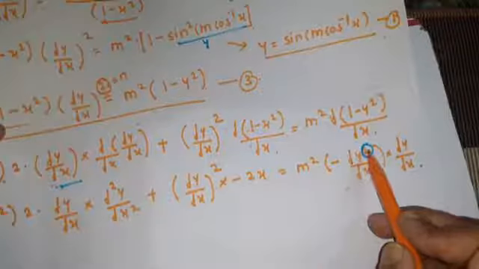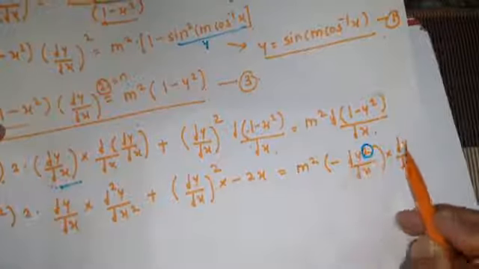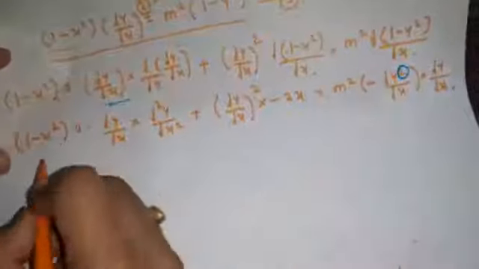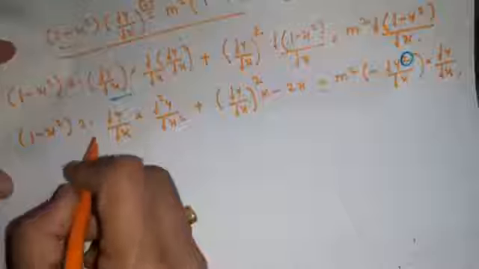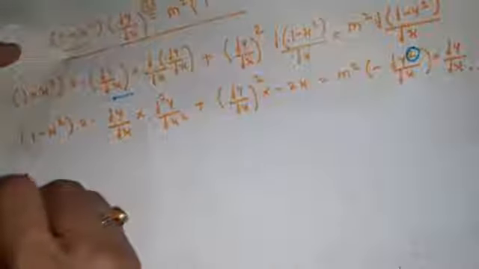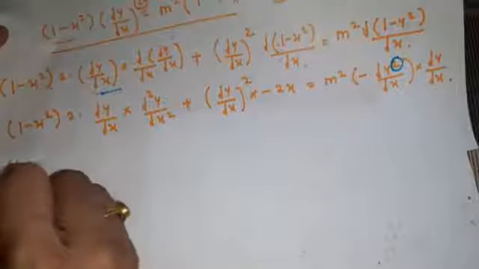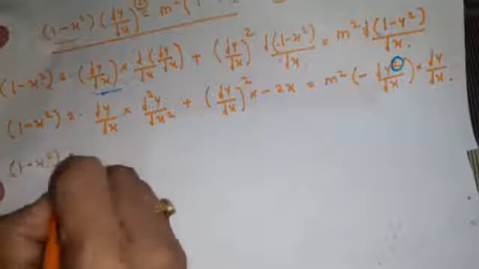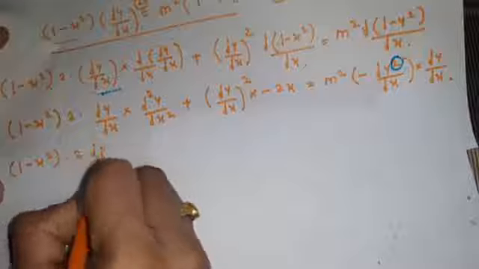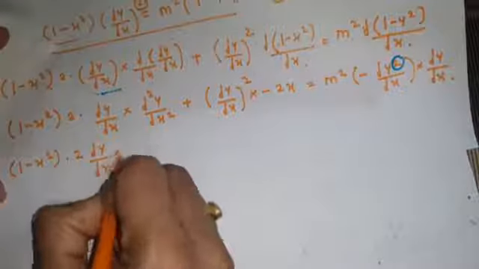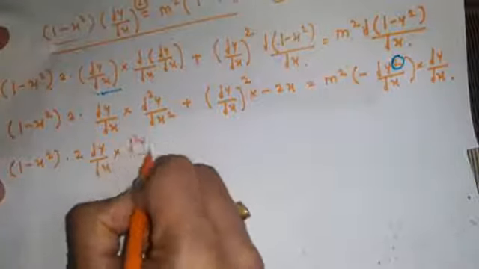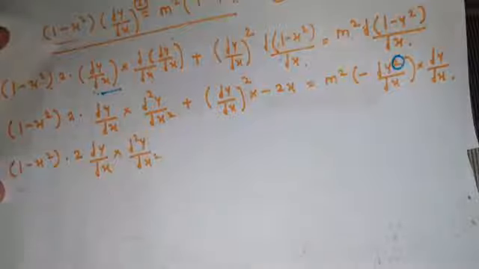Differentiation of y square is 2y, and y again with respect to x. And now this is equal to 1 minus x square into 2 dy by dx into d2y by dx square.